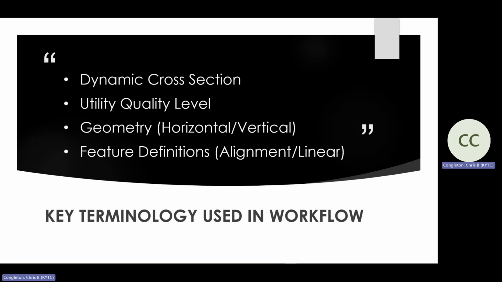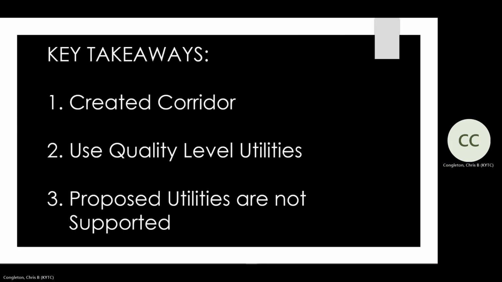We'll discuss utility quality levels or descriptors, A, B, C, D. We'll talk about creating horizontal and vertical geometries for our utilities, and indirectly, feature definitions because of the geometries we're creating.